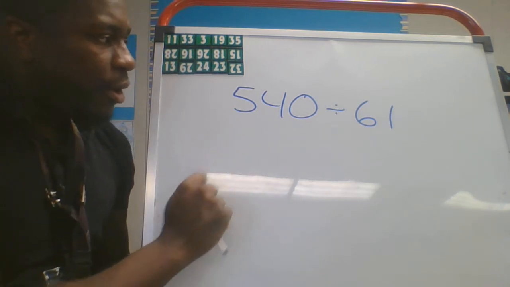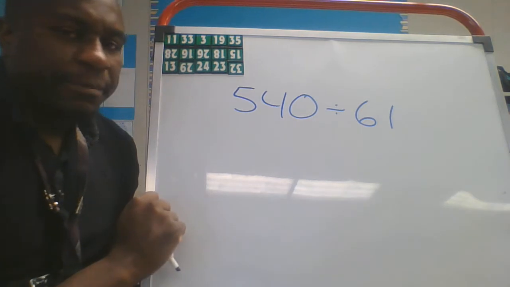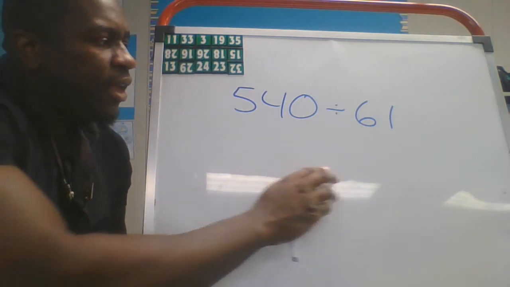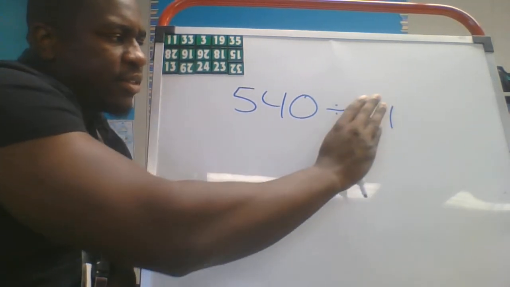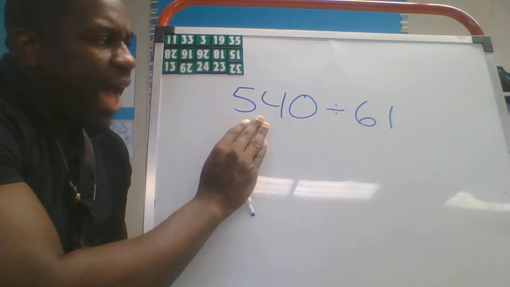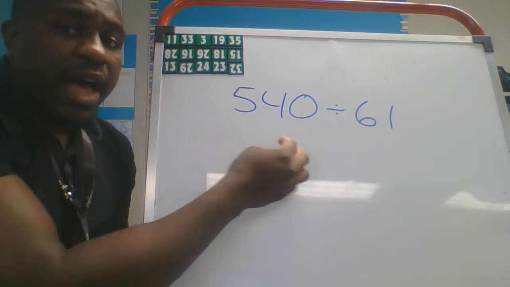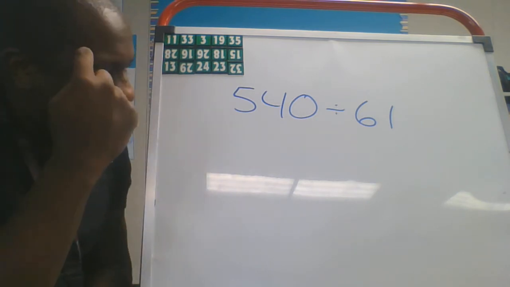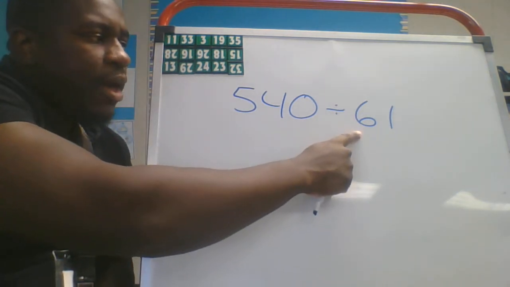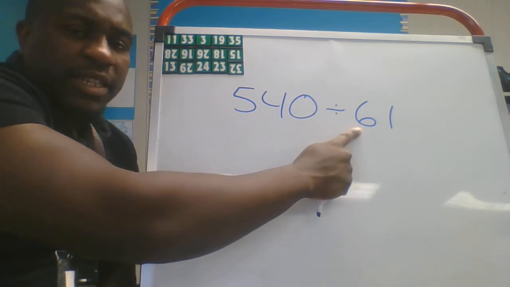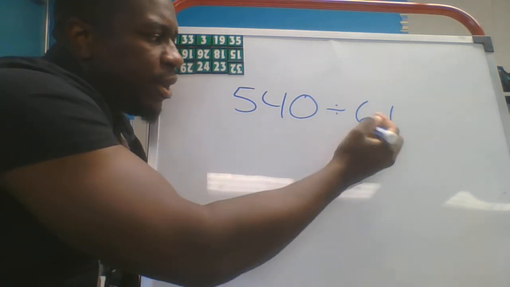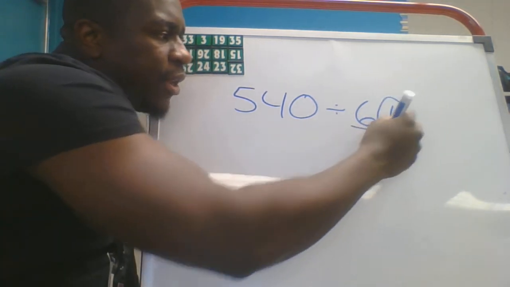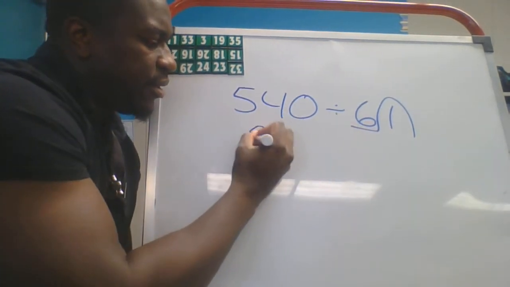So, for example, I see 540 here. I know that 6 is a factor of 54. 6 times 9 gives me 54. So, in my mind, I'm going to see if I can round only this number here. 4 or less, so we let the 6 rest.